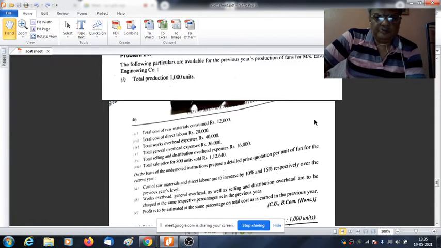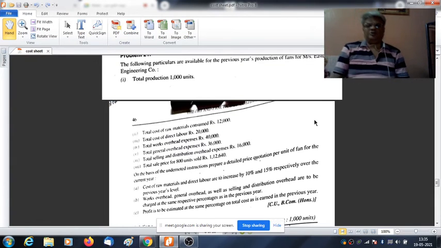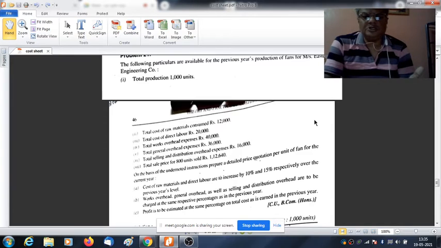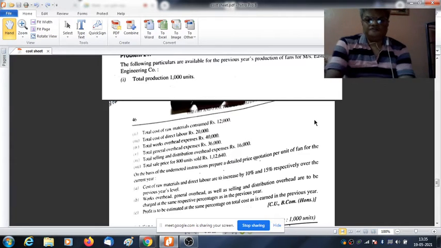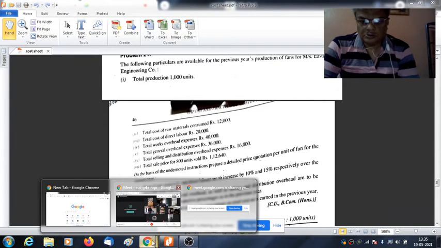In 2009 or 2007 this same problem came twice, and at that time there was a separate paper called costing, and they gave this problem in that paper. Okay, any questions? No, sir.